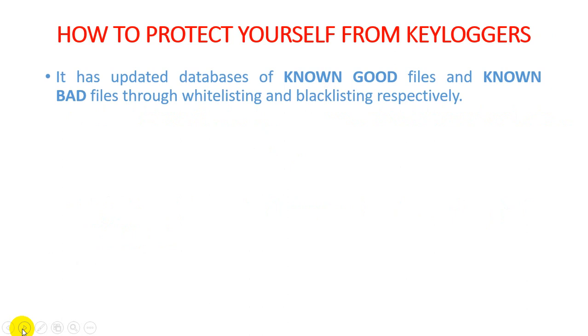It has an updated database of known good files and known bad files through whitelisting and blacklisting respectively. If we are using the latest and updated antivirus, it has functionality to find out which is a good file and which is a bad file for our particular system, and through this it maintains a black and white list.